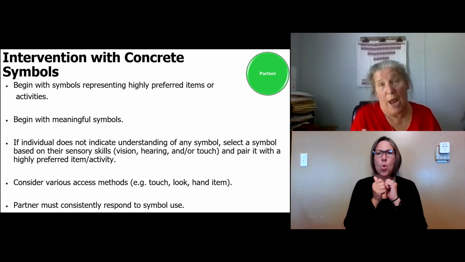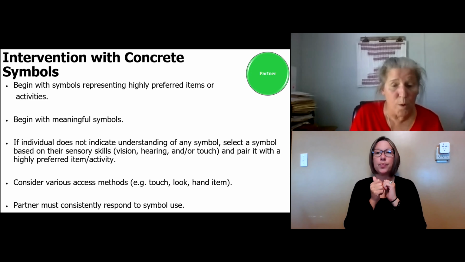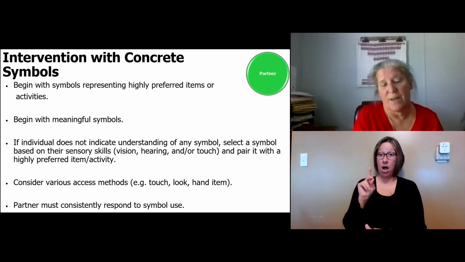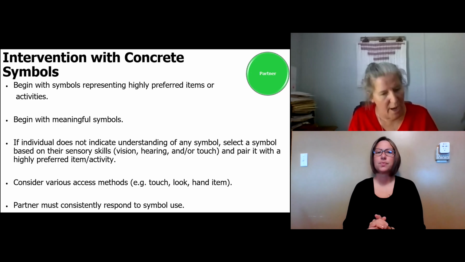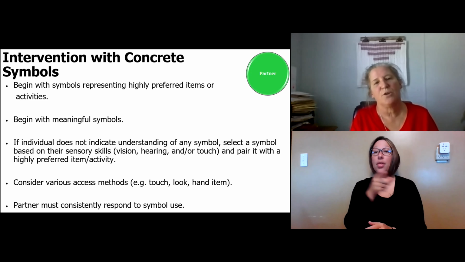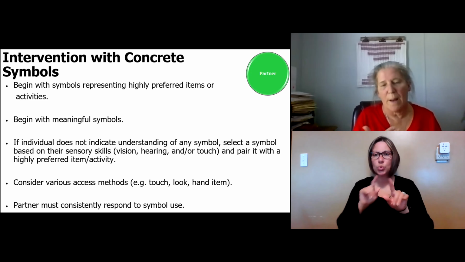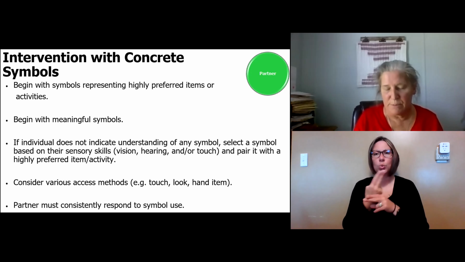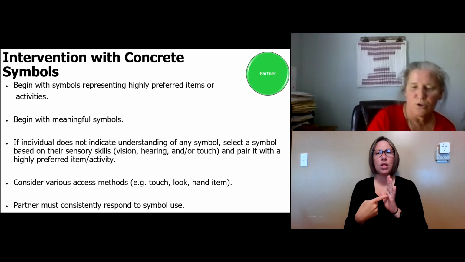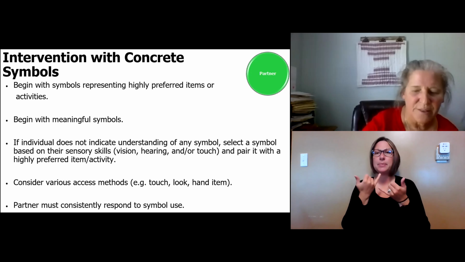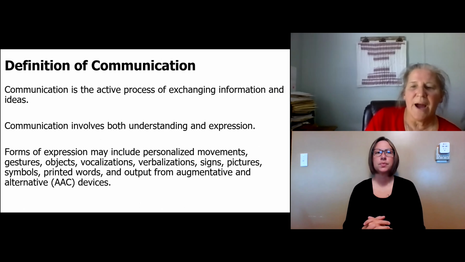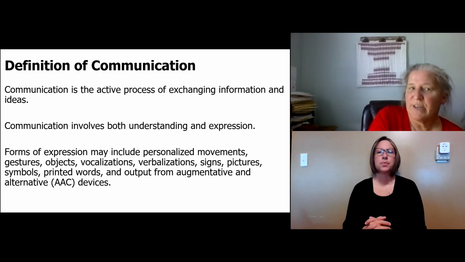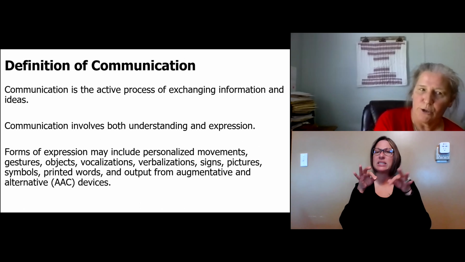And I'm going to be modeling that for them so that they know that that's an option. And I want them to consistently respond to that symbol use. So I'm still working on it and still teaching them that skill. I'm modeling it.